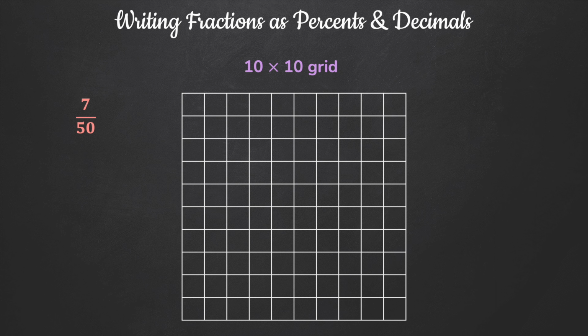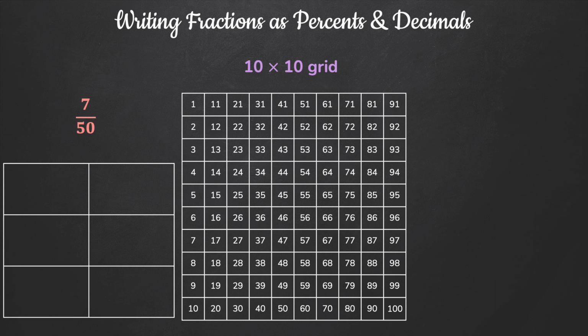Here we have another example, which is 7 out of 50. And because we want to take this fraction and write it as a percent, it's a little bit more challenging when our denominator is not out of 100. So what we're going to do is take our fraction and find an equivalent fraction that is out of 100 to figure out what the percent would be.